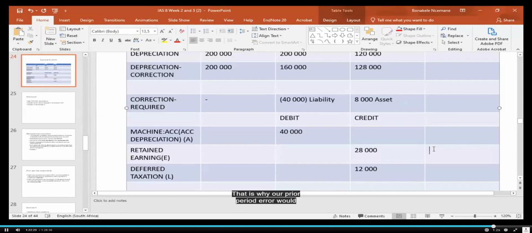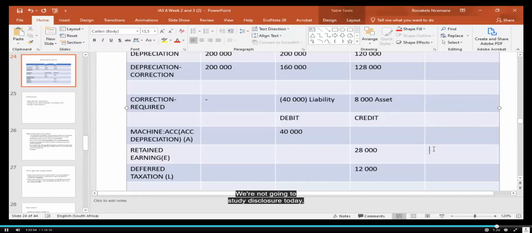So that is why our prior period error would necessarily be reflected on the retained earnings and the affected accounts. Hence, we've got a debit now of accumulated depreciation. Now, the reason we see a credit in our retained earnings in this instance is because there was an understatement of the profits. And also, we've taken into account the taxation impact.